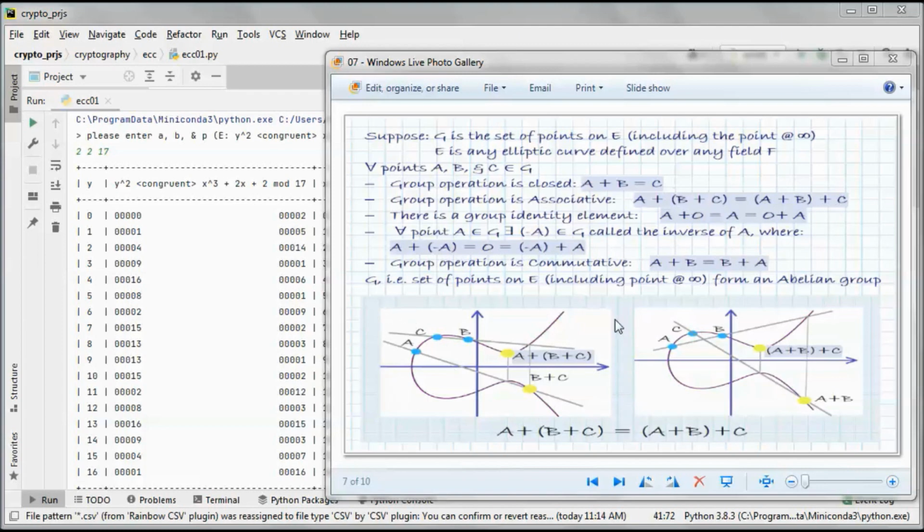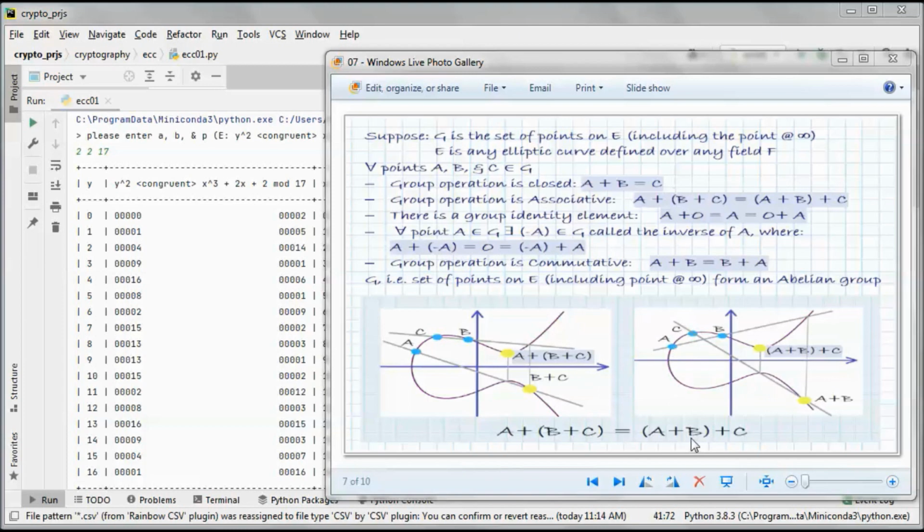And we prove it here. So A plus (B plus C): if we take B plus C here, take this intersection point and we go down, so this is B plus C, and then A plus (B plus C), take this intersection point and we go up here, so this is A plus (B plus C).